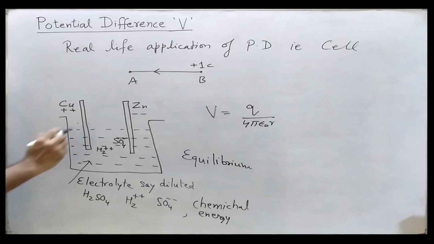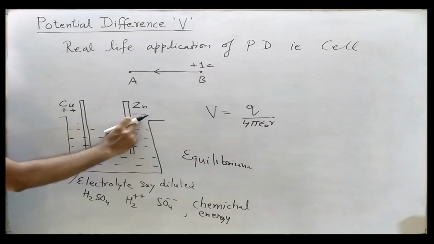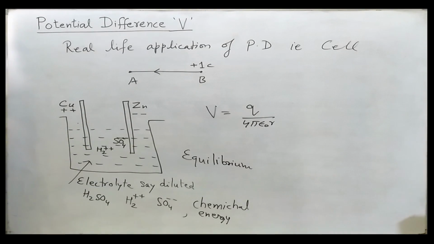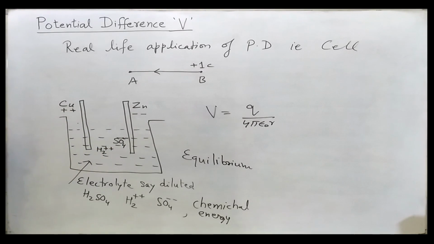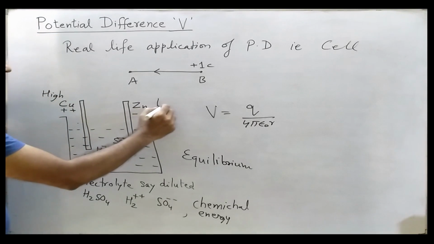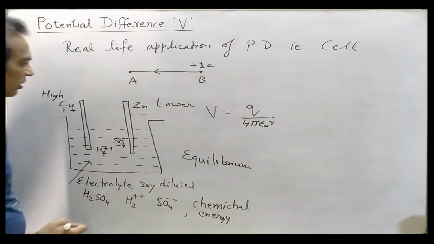At that time, there will be positive potential on the copper rod due to positive charges and negative potential on the zinc rod due to negative charges. So now a potential difference is created between the copper and zinc rods. We say this is at a higher potential and this is at a lower potential.